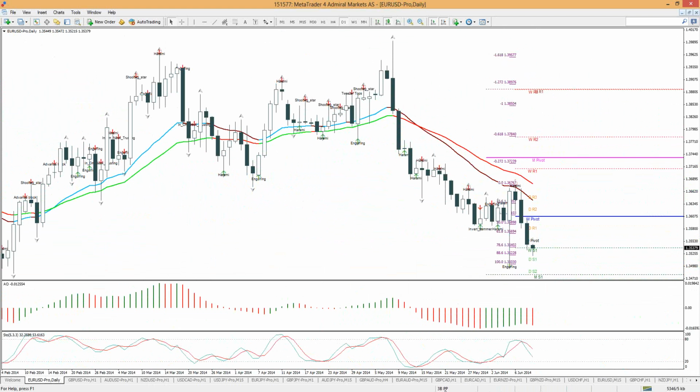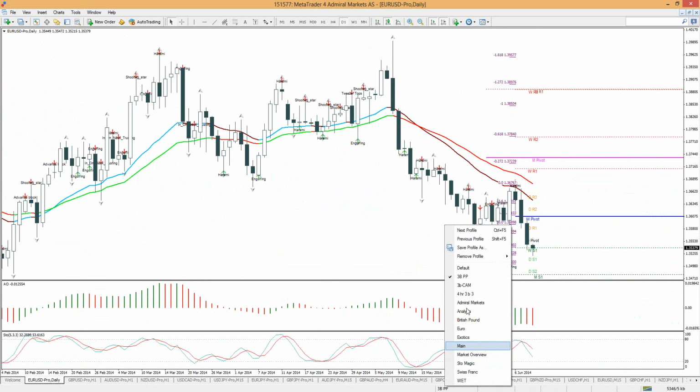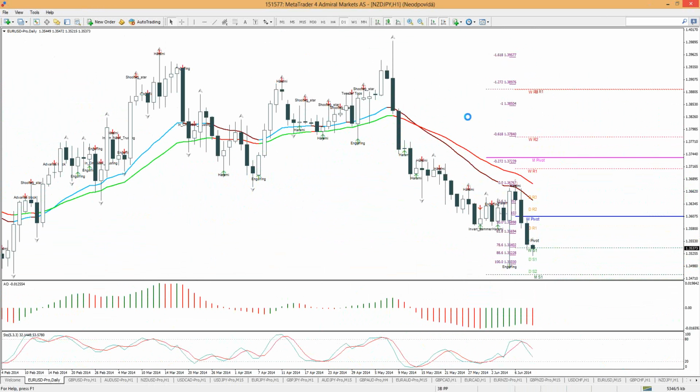So let me move to a different template so we can look at other pairs as well. One second, folks.